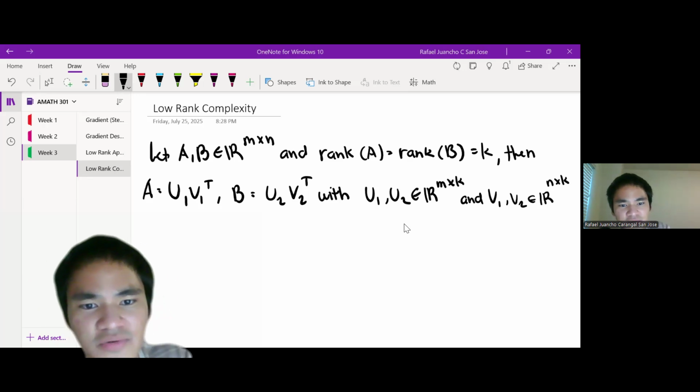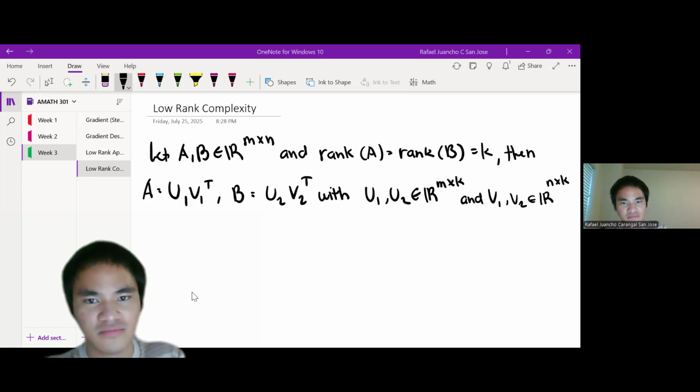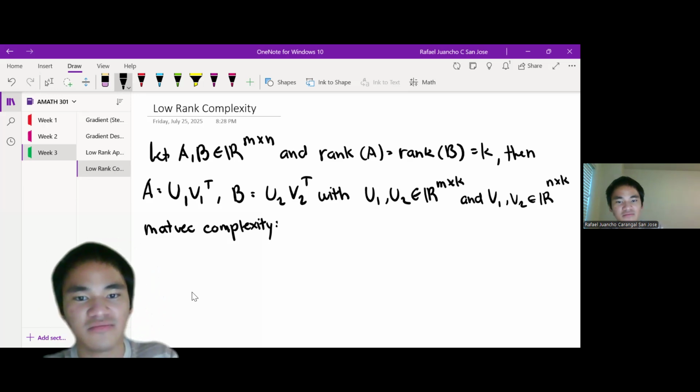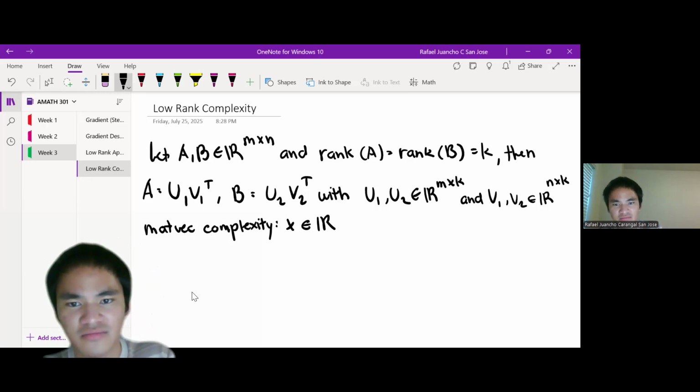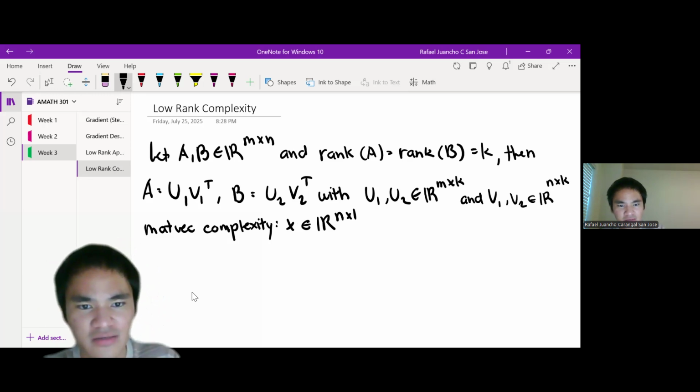Okay, so we're gonna do a MATVEC complexity here. And what is this? Well, this is let's say my vector x, which is n by 1. Now I do my Ax, and here I just say U1 V1 transpose times x, right?